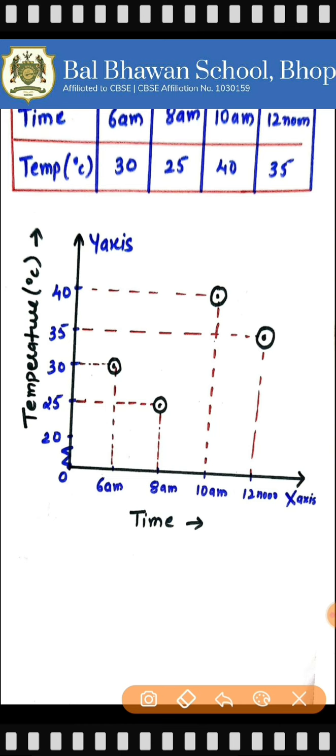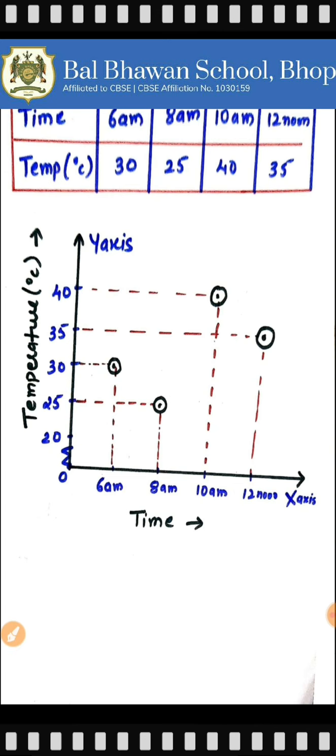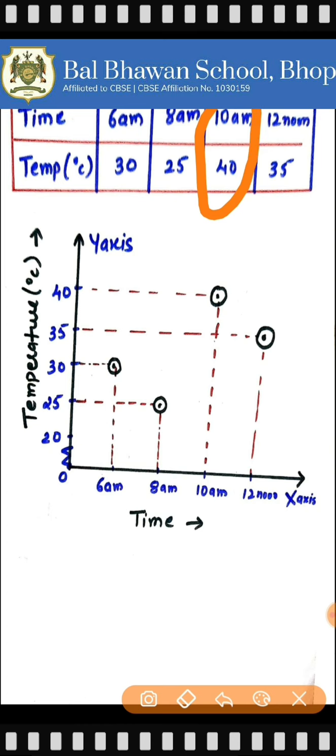Now second is 8 a.m. and 25. This is 8 a.m. and this is 25 on the y-axis. So this is the point which shows the location of the point whose coordinates are 8 and 25. Like this, we will plot the third point for 10 and 40 and the fourth point for 12 noon and 35.